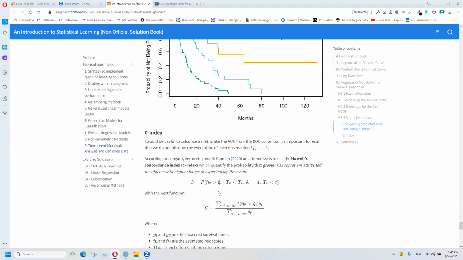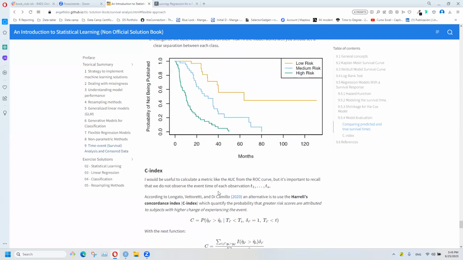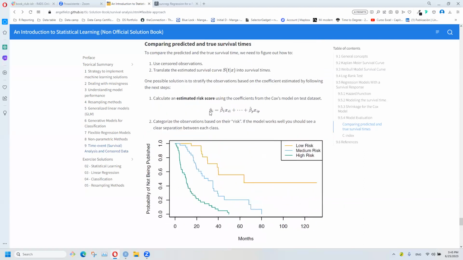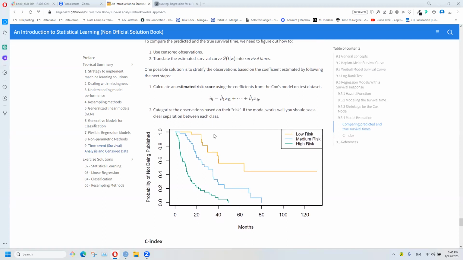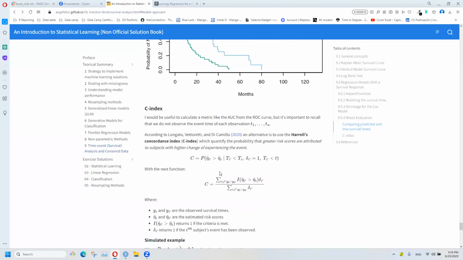So what we need to know is whether the risks that we predicted are really the real risk that we are seeing in the data. Basically, we check the probability that the risk for a certain subject is higher than another's if its event time is lower than the other's, and the event was not censored at the time of the study.